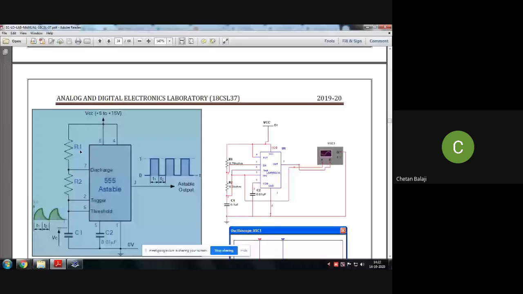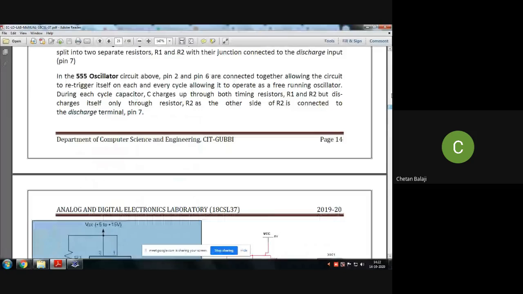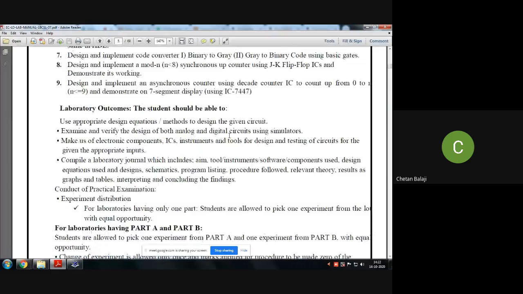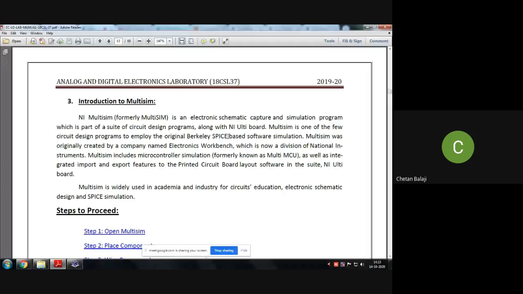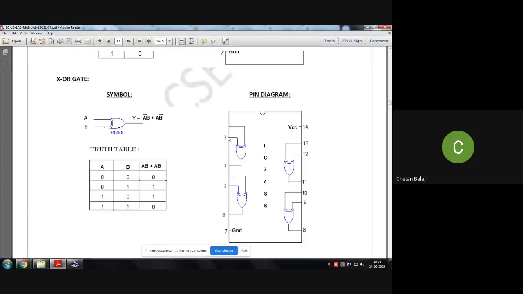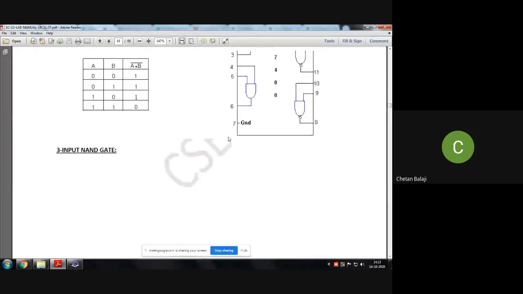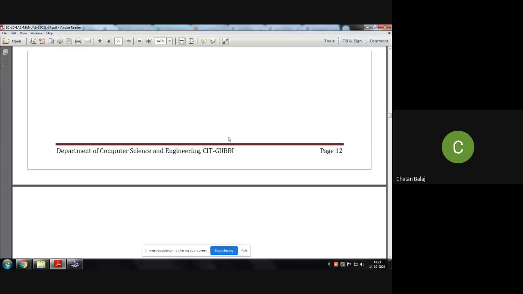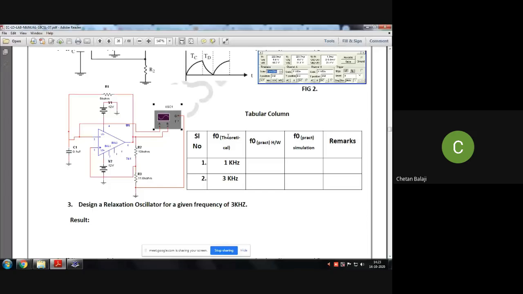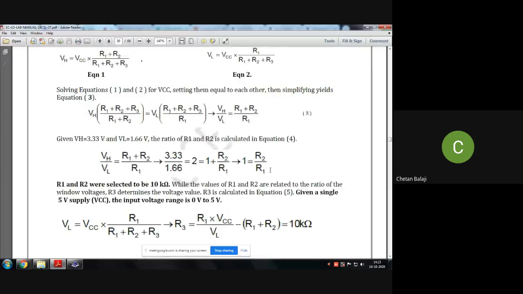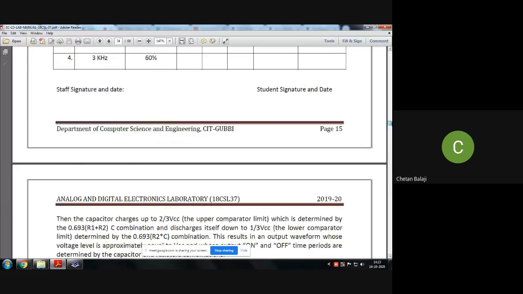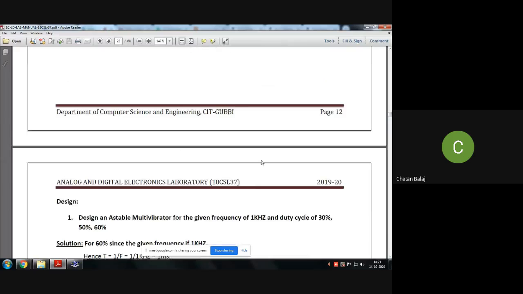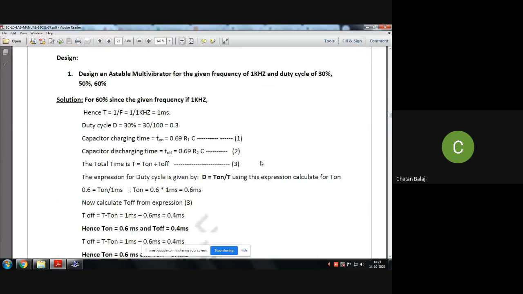Now we have to find out these values. For that you have to use this formula. Write down this.